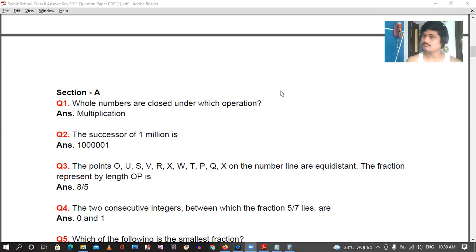In some cases it can, like 5 minus 3 is 2, but 5 minus 5 is 0. Similarly, 5 divided by 3 is 1.667, which is a fraction. That is why division and subtraction are not closure properties, whereas multiplication and addition hold the closure property.